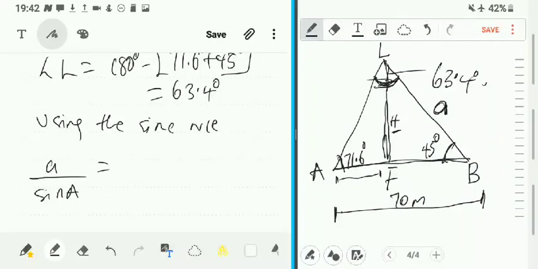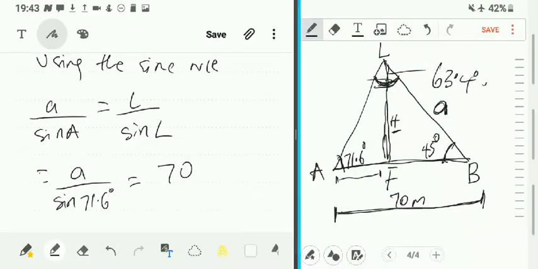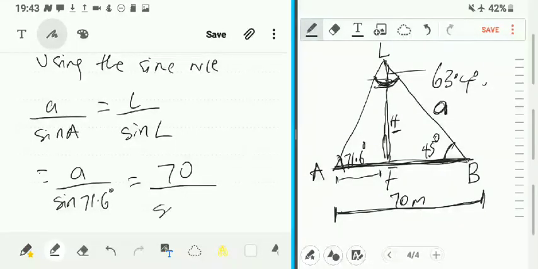So I will use l over sine L. So sine A, that's sine 71.6 degree, equals l, 70. You know, this whole side is my small l. Please check the former video if you don't understand what I'm talking about.